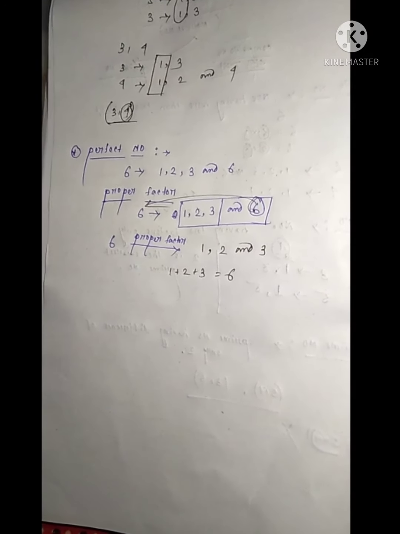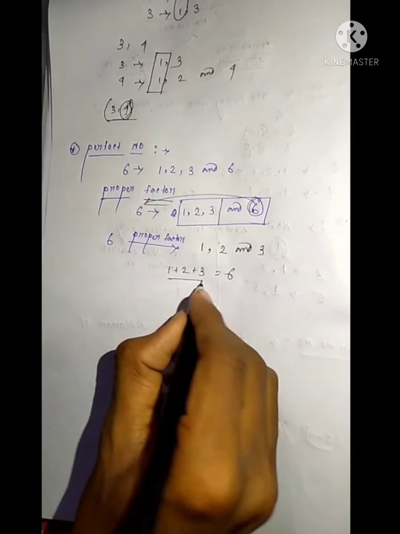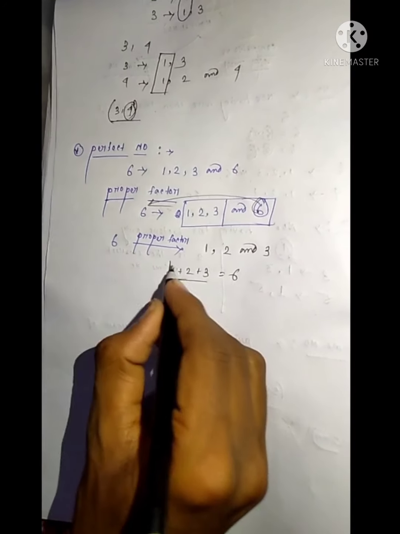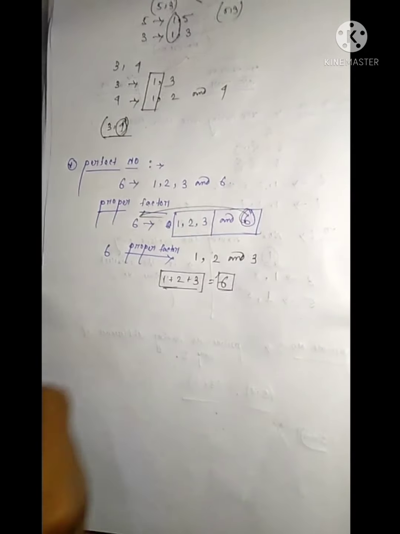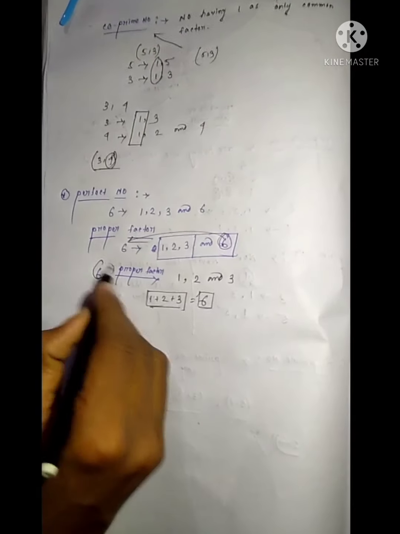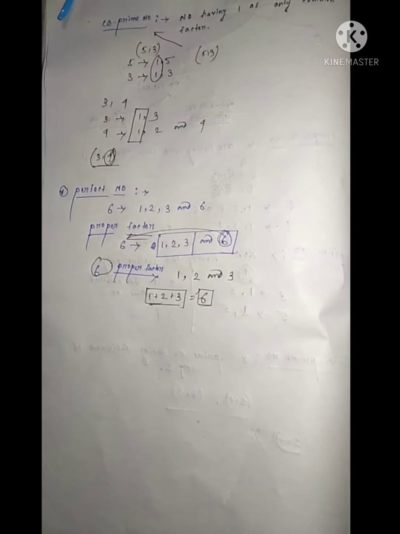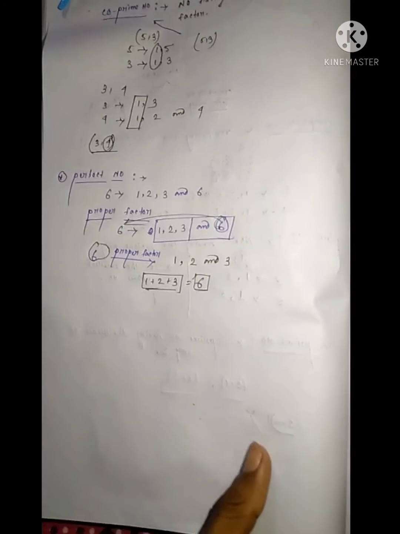So in the case of 6, the sum of the proper factors of the number is equal to it. So 6 is a perfect number.